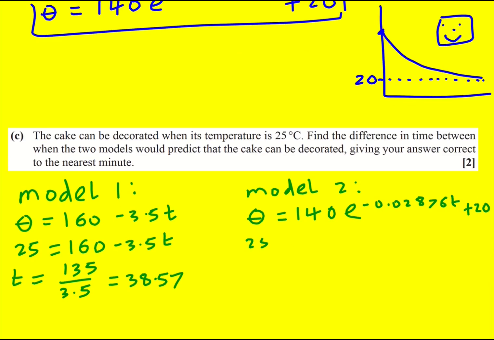So now I can set 25 equal to that. So I can minus 20, change that just to 5. I can divide through by 140. I can take logs. So ln of 5 over 140.